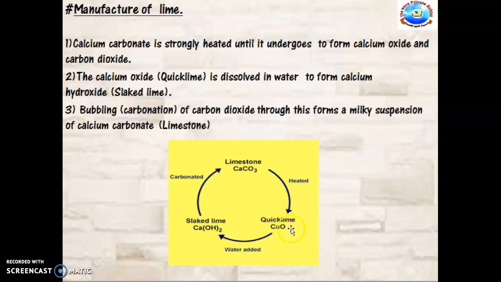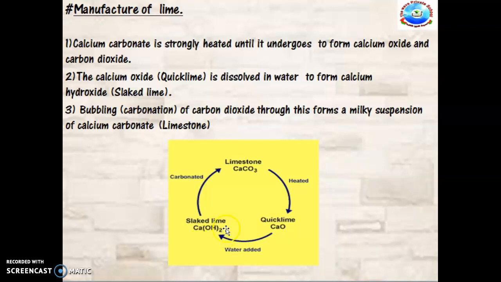Then after that, this calcium oxide is dissolved in water. What happens when CaO is reacted with H2O? Then there is the formation of slaked lime, that is called calcium hydroxide.